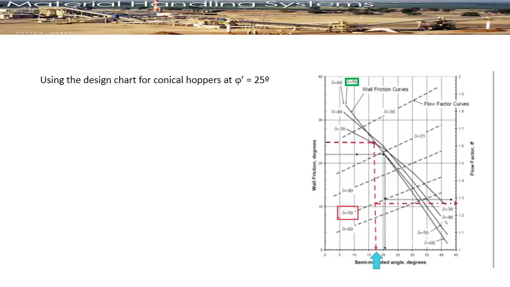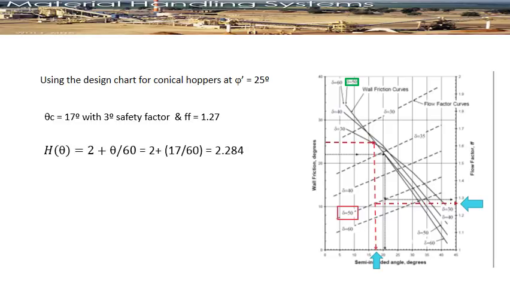And then we can get the value of the FF flow factor at delta 50. Once again, we cross the line to have the value of 1.27. So we got 17.5 here, and we got the FF value of 1.27.